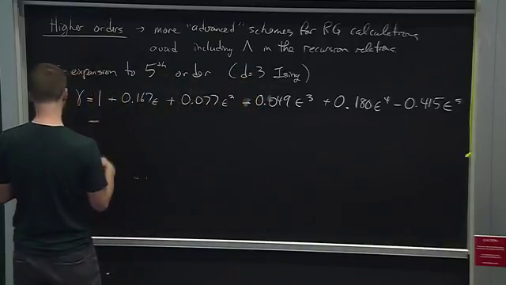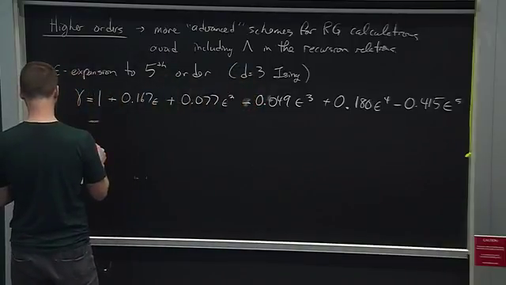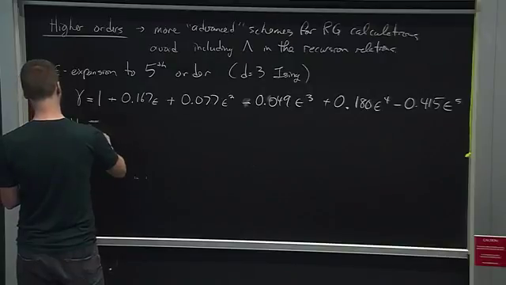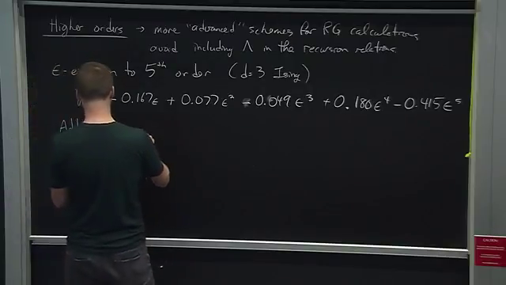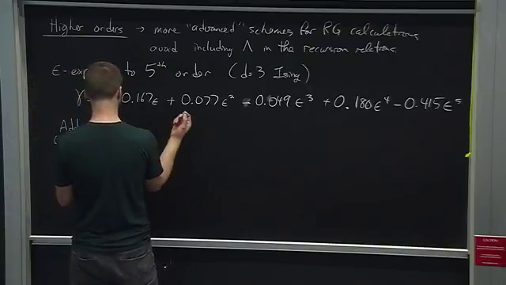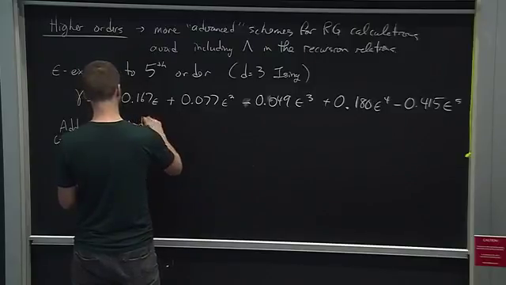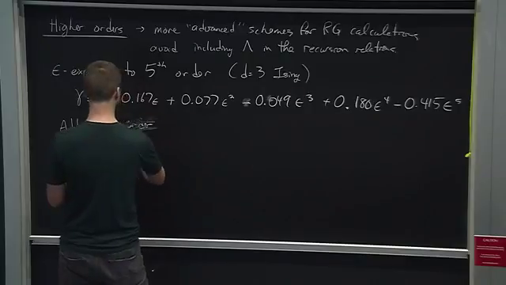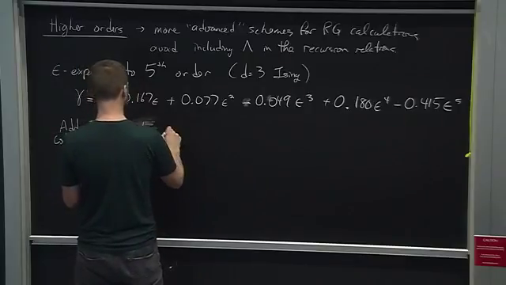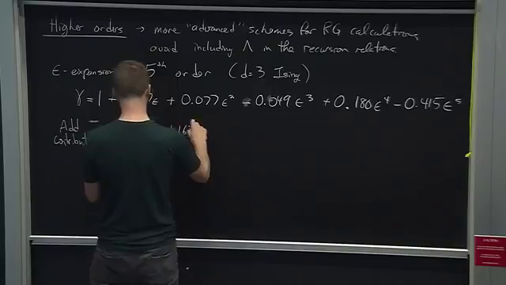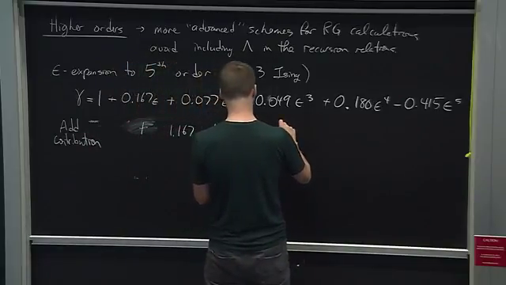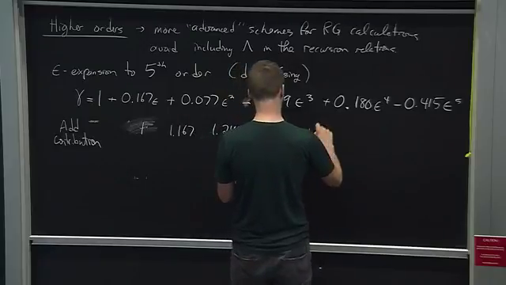So if you just add up all these contributions, you have order 1, you know, you go, wow. So you start with 1, then 1.167, 1.244. I just added these up for fun.